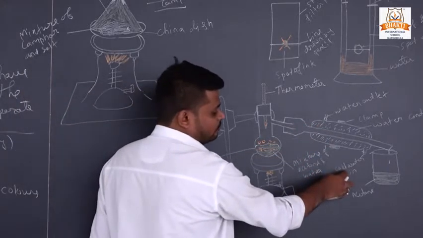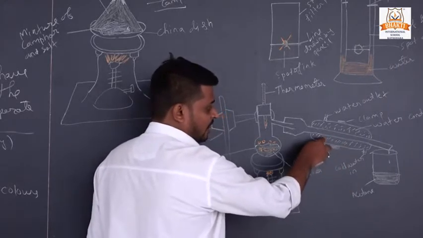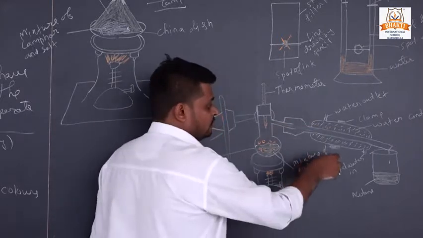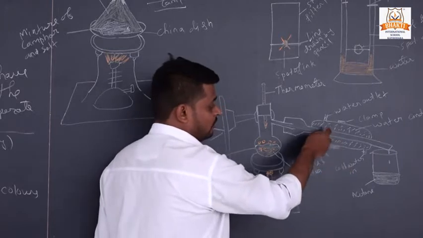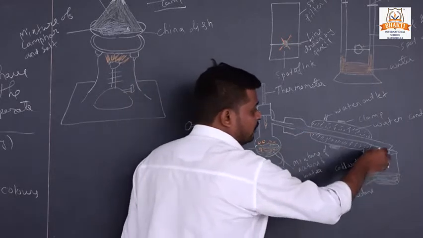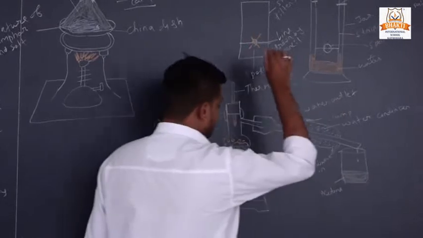Here we have to fill cold water in the condenser, and when the hot vapor passes through the condenser, the cold water cools it and converts it into liquid, and that liquid is acetone.